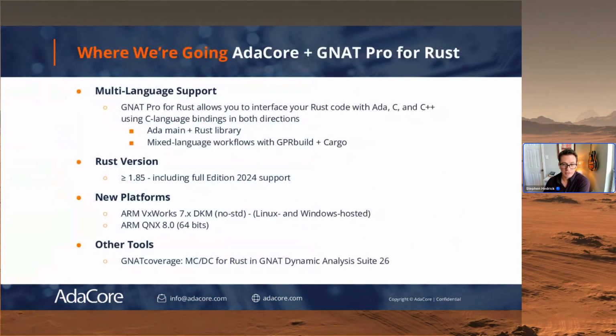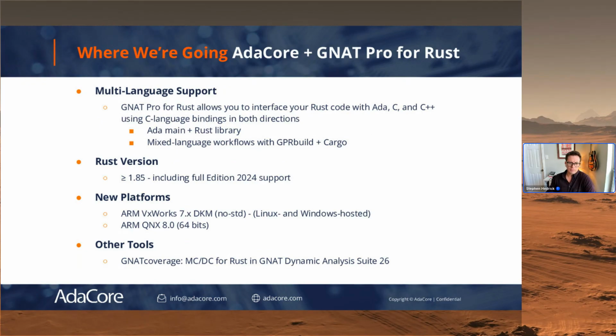And so as we progress as a company, GNAT Pro for Rust, we have many different things that we're working on now that are exciting. As we scale out the project and its future iterations, we'll be supporting Rust growth in safety critical software. We're going to continue to push the boundary forward of Rust maturity in the mission critical space.